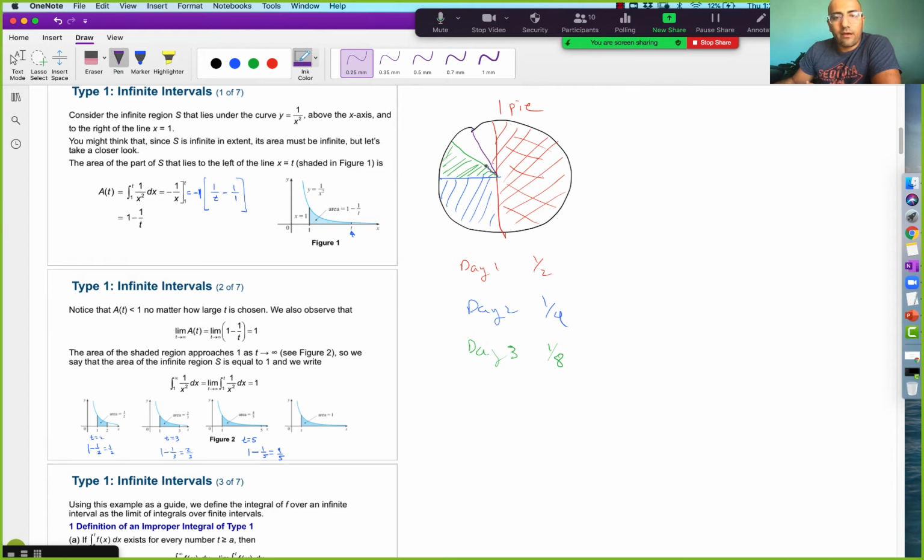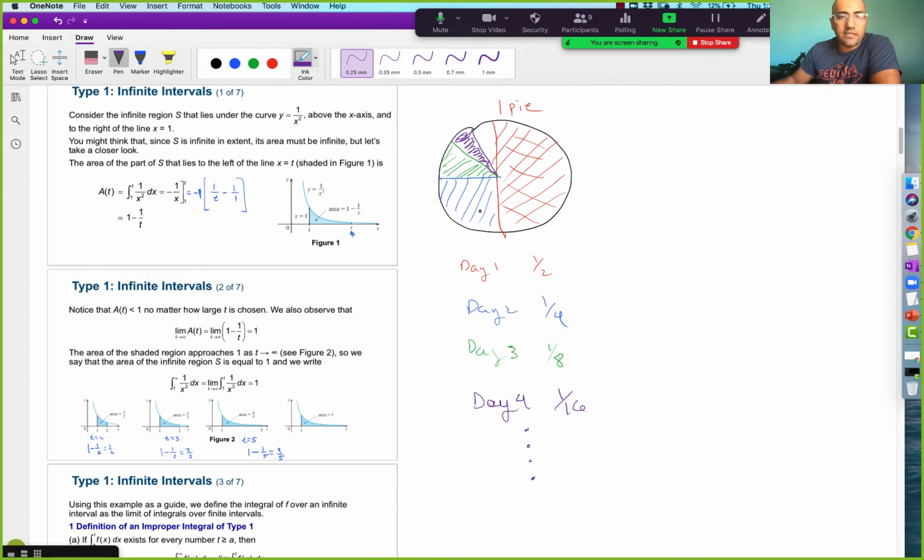So half of an eighth is going to be 1/16 from day number 4. And then we keep going and going in that pattern. Now I know that in reality, eventually you run out of pie, but mathematically we could just keep going forever, right? So let's establish a pattern for these guys.